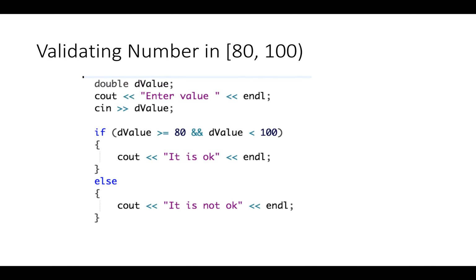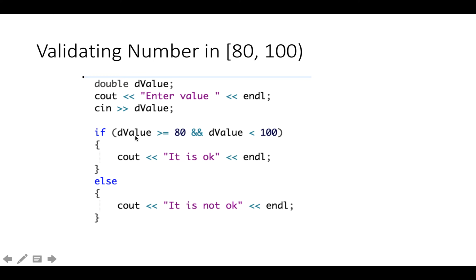So you define a double variable, you get the value. In the condition, the if will say if the value is greater than 80 and the value is smaller than 100, then it means that is okay. Else, if it's not in this condition, then it is not okay.